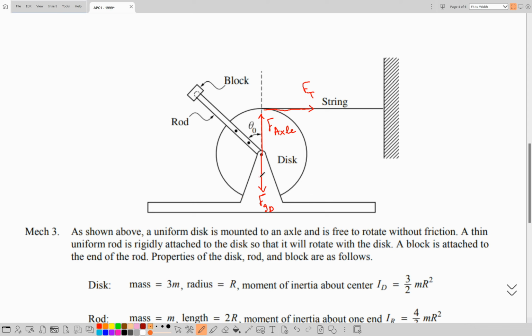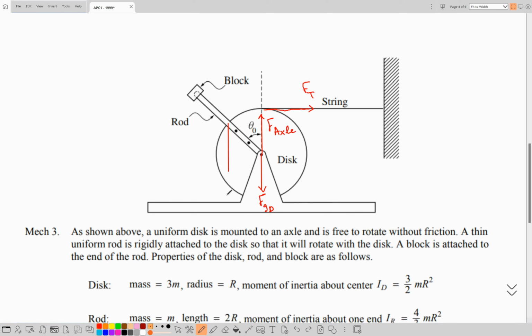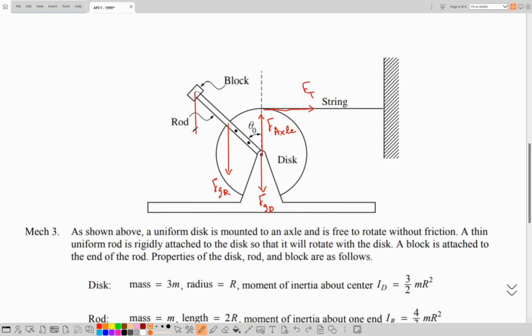Now, in addition to these two forces, we have the pull of gravity of the rod acting at the center of mass, if we assume the rod has uniform mass distribution, so that's the center. Then Fg of r. And there is also the pull of gravity acting on the block vertically downward.